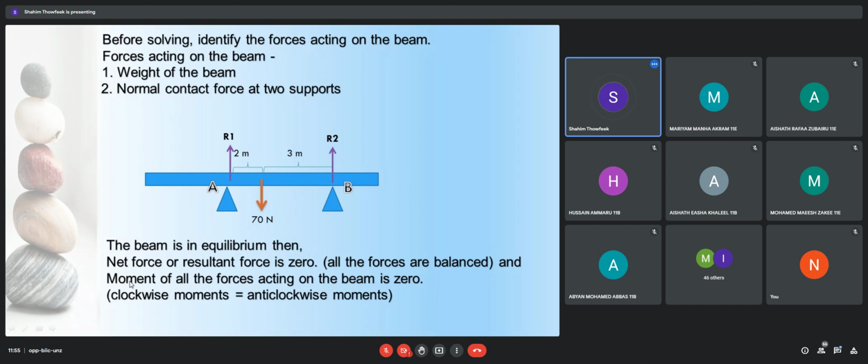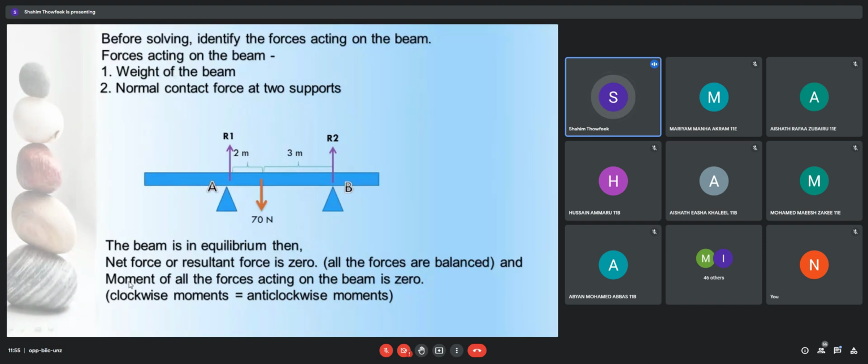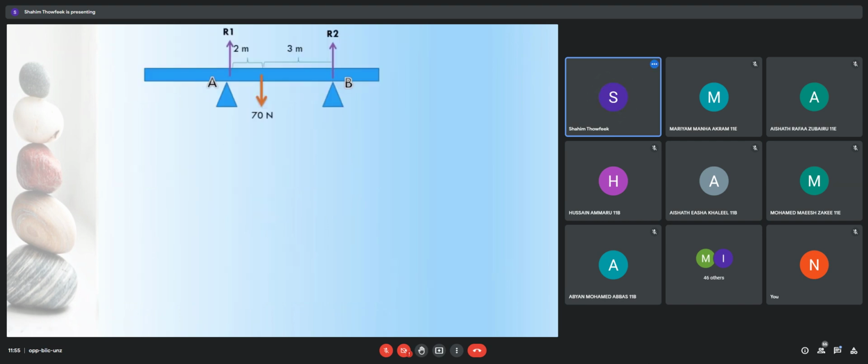It means clockwise moments equal anti-clockwise moments. You can choose either point A or point B. You choose any point, take moments, and find one of the normal contact forces, and you can choose another point and find the other normal contact force. Here I will show how to use both principles.